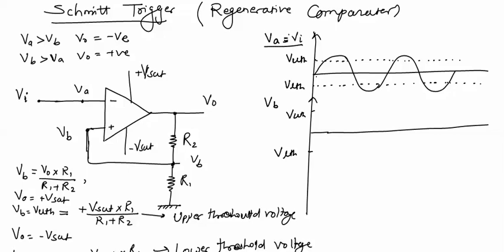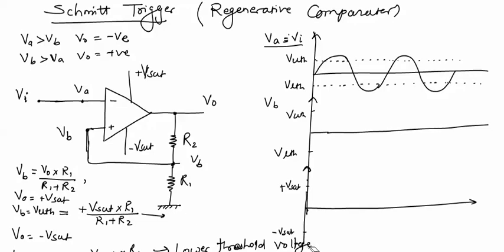Now initially, here we will plot the output waveforms. Output voltage will be plotted here. Plus Vsat, minus Vsat. Now all the graphs are plotted against time.